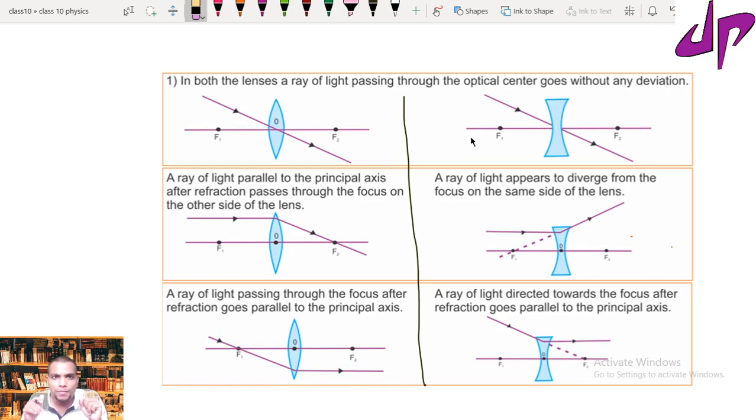See once more these rules for the concave lenses. First rule: a ray which is passing through the optical center. Optical center means the mid portion, the midpoint of the lens. A ray which is passing through the optical center does not deviate. That's the first rule for the concave lenses. Since the concave lens is a diverging lens, all the diverging rays appear to come from the focus. So in the second rule, this ray is a diverged ray.